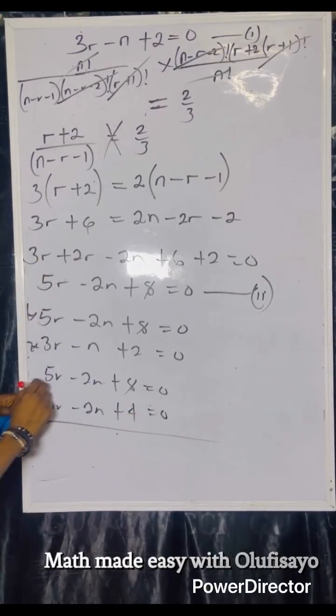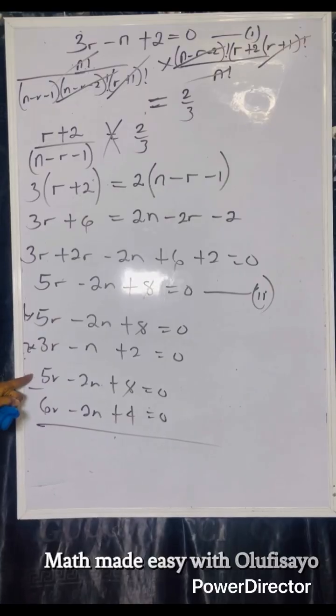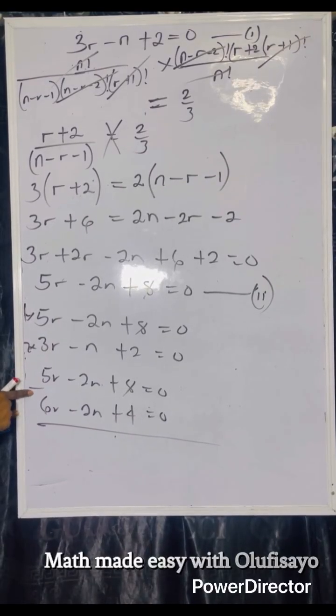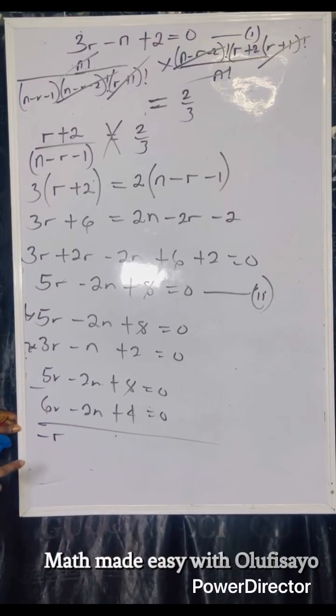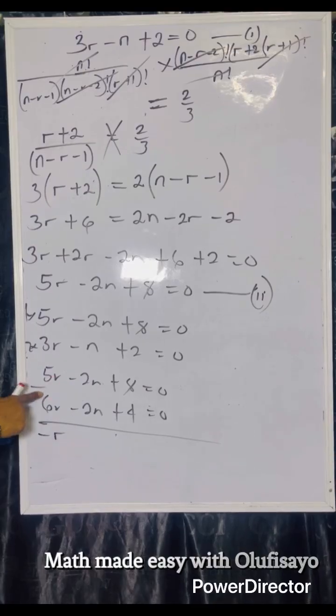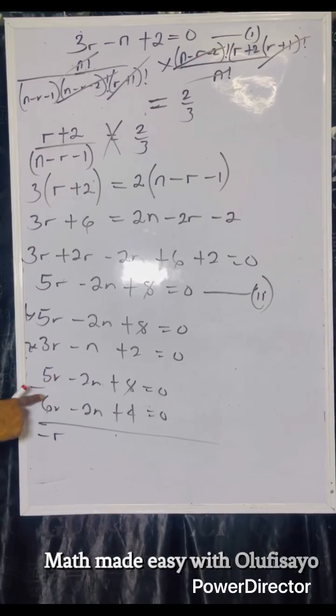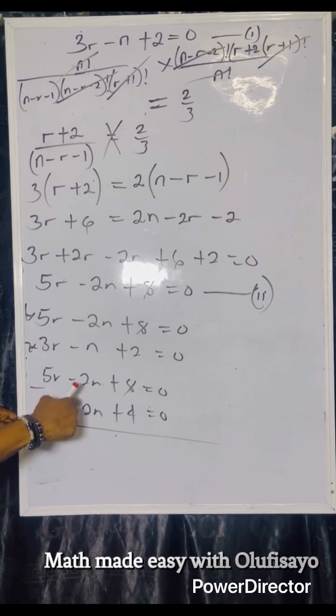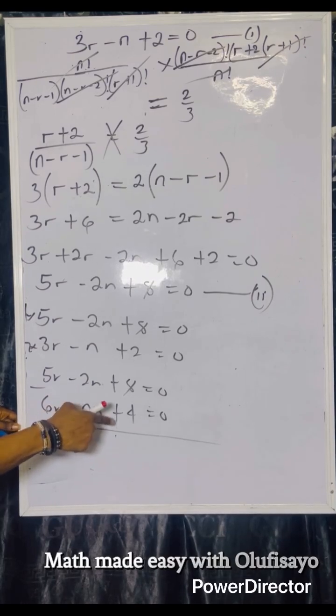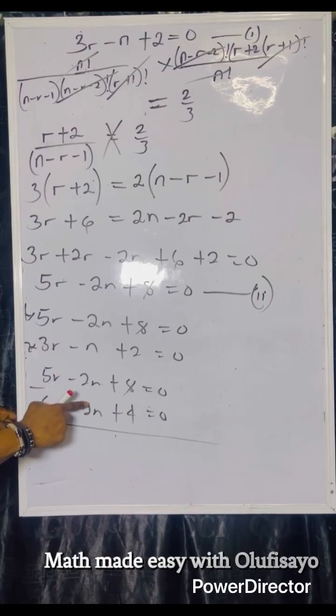If I subtract one from the other, this will give us 5r minus 6r, which is minus r. Now minus 2n minus minus 2n: minus times minus will give us plus, so this becomes plus 2n. So minus 2n plus 2n will give us what?